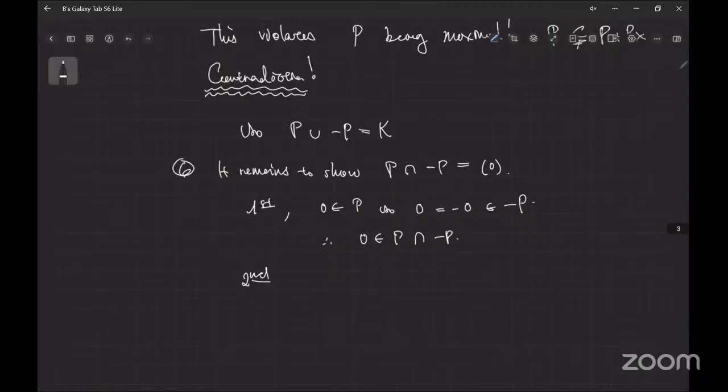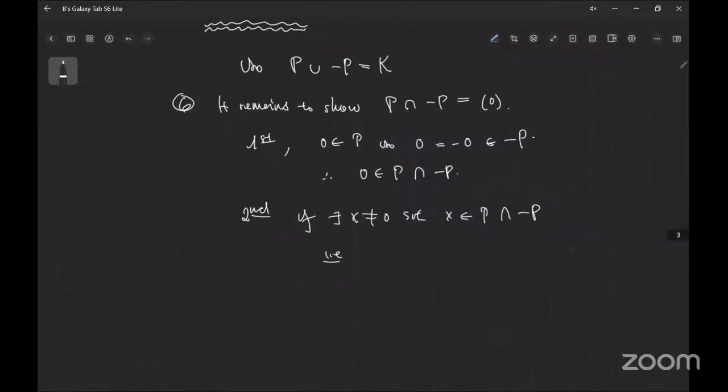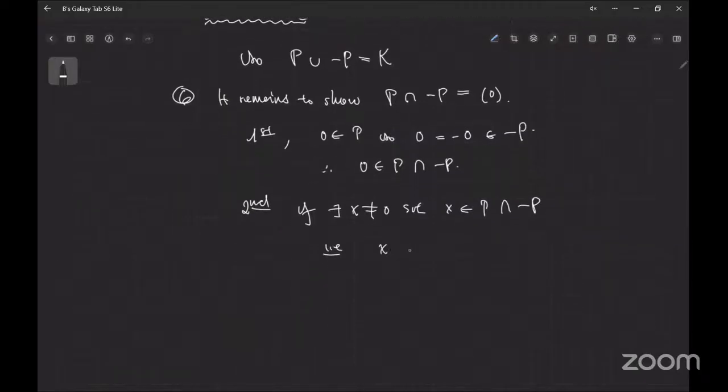But we need to show that there is nothing else. Suppose there exists some x not equal to zero such that x is in the intersection. Well, what does that mean? I.e., x is in P and minus x is also in P, which implies minus x squared is in P because P is closed under product.